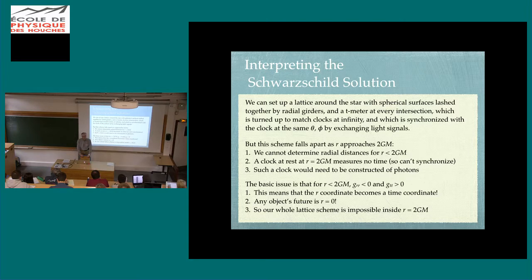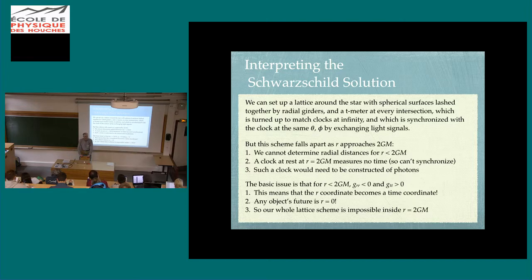That's your time coordinate. And g_tt is now becoming positive. That's a spatial coordinate. And so r inside the Schwarzschild radius becomes a time coordinate.